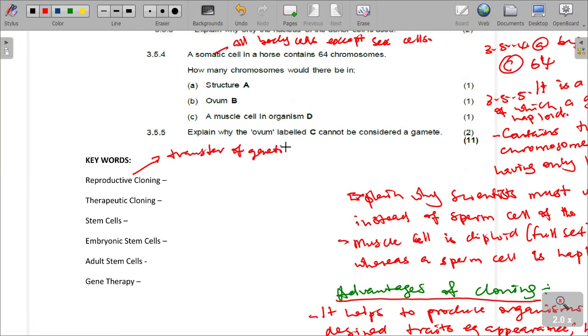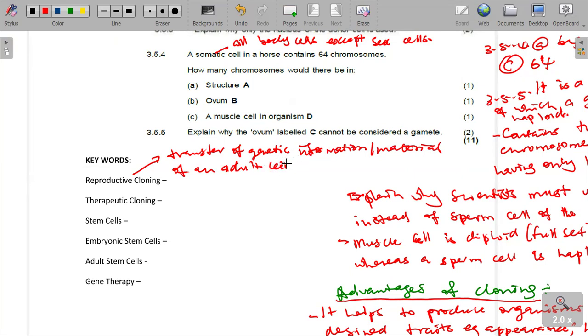Reproductive cloning is the transfer of genetic information or material of an adult cell to an egg cell where the genetic information has been removed.